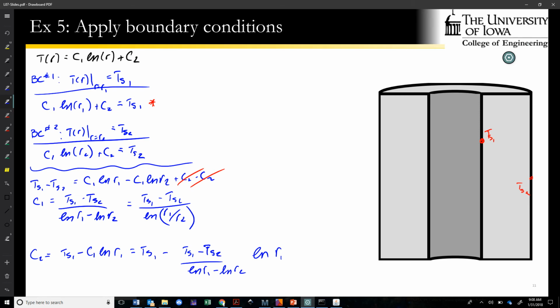And plugging C1 and C2 into our general solution. Remember, we could have used either this equation or that equation to solve for C1 or C2.